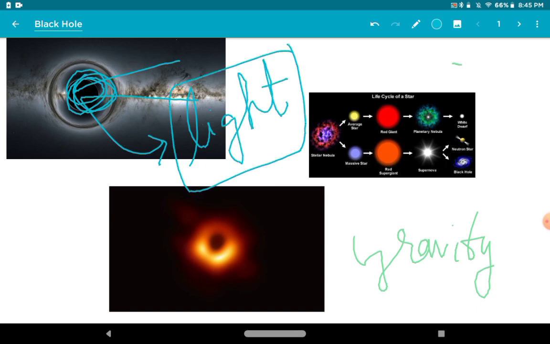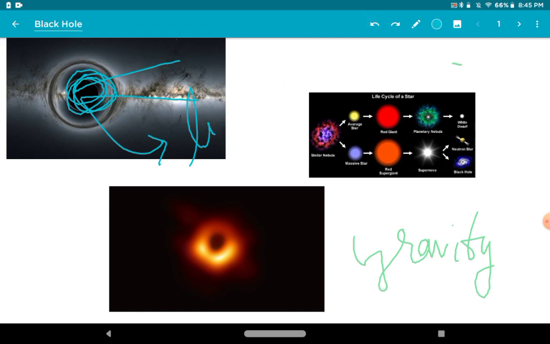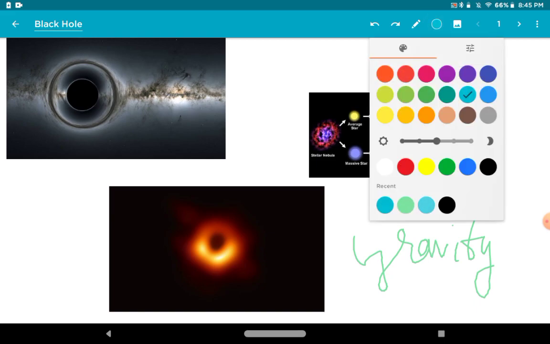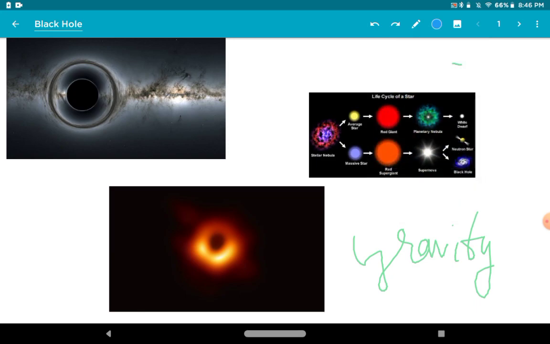This much strong gravity the black hole holds. Because of this strong gravity, it is named black hole, because no light goes inside. So it is totally dark, it is black, and it's like a circle. So this is called a black hole.